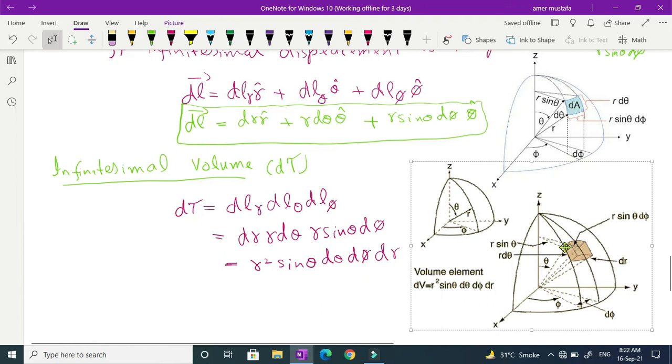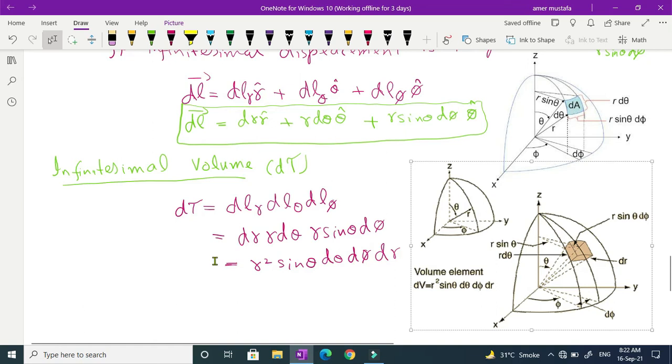Due to change of r, this makes the height of the cube. So to calculate the infinitesimal volume, which is of cubical shape, it is the product of these three lengths, dl r, dl theta, dl phi, and this infinitesimal volume is equal to r square sin theta d theta d phi dr.